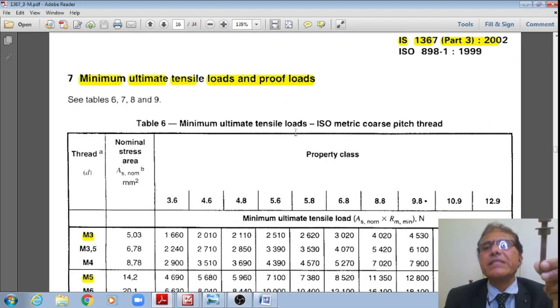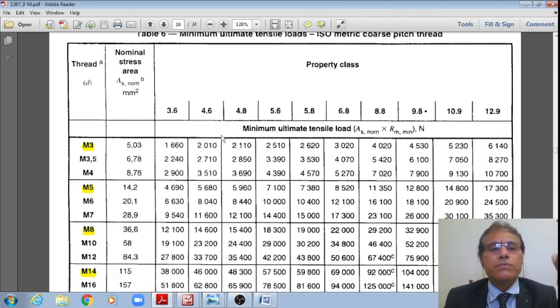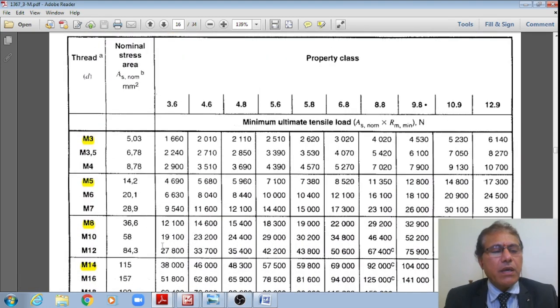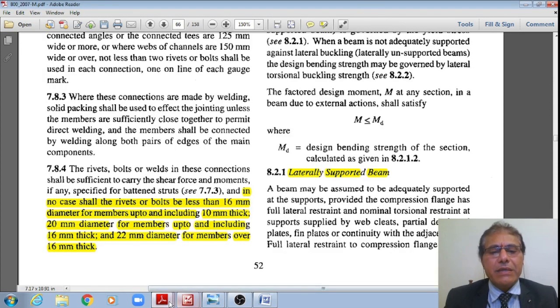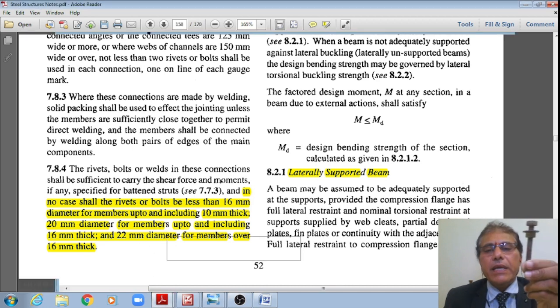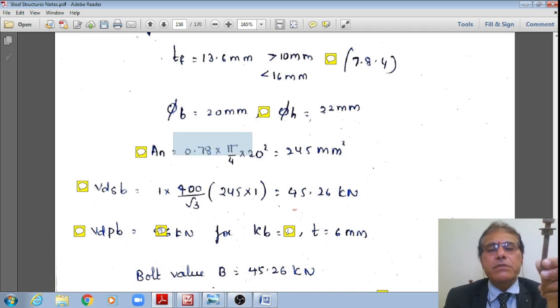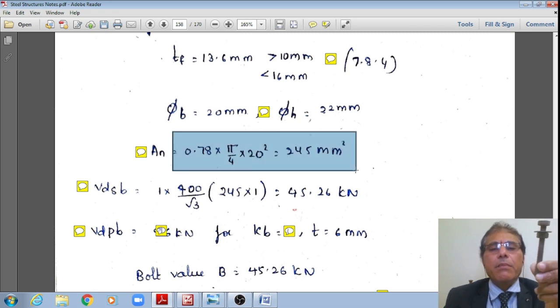I am in IS 1367 part 3 2002, and for M20 it is 245 mm square, the net area of this bolt. If you don't have access to that code, you can approximately remember this formula as 0.78 multiplied by pi by 4 d square, 20 square.